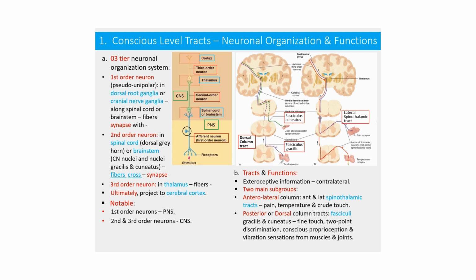Second subgroup is the posterior or dorsal column tracts, which are also named fasciculi gracilis and cuneatus. They convey fine touch, two-point discrimination, conscious proprioception, and vibration sensations from muscle and joints.